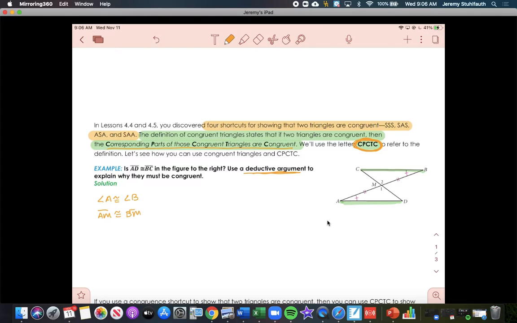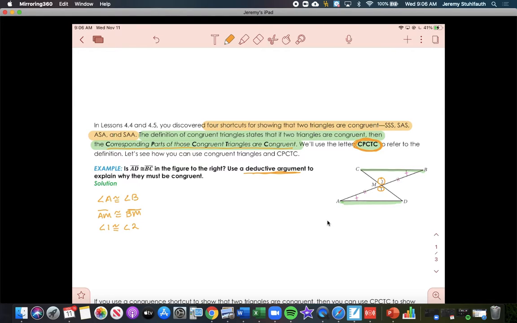We know that because it has the congruency markings on it. And then you might be wondering, is there any other information that we know? And the answer is yes. If you look at angle 1 and angle 2, those are vertical angles because they are two angles that share a common vertex and no sides. So since those two angles are vertical angles, we know that angle 1 is congruent to angle 2.